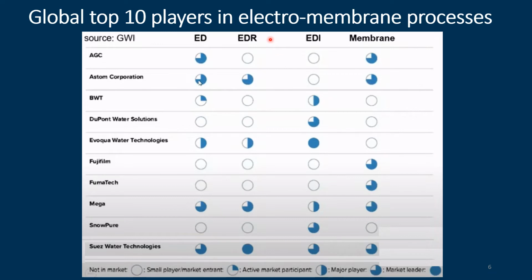So different companies focus on different electro-membrane process development. Also, you can see the ion exchange membrane development companies, how they are working to contribute to these electro-membrane processes.